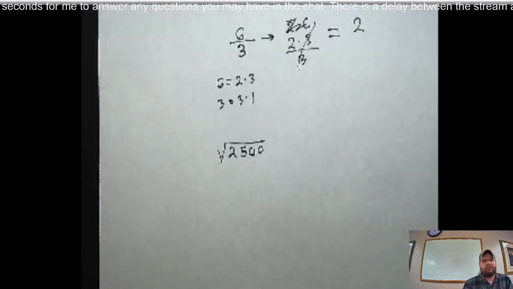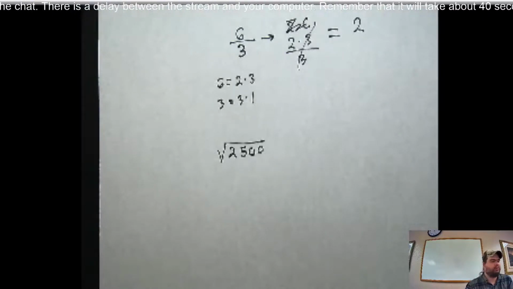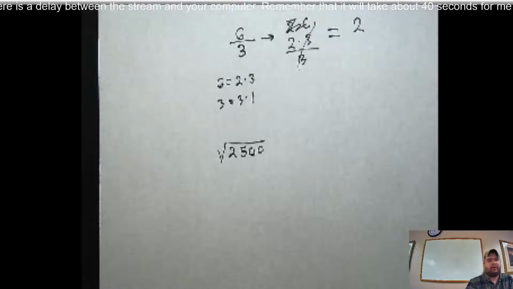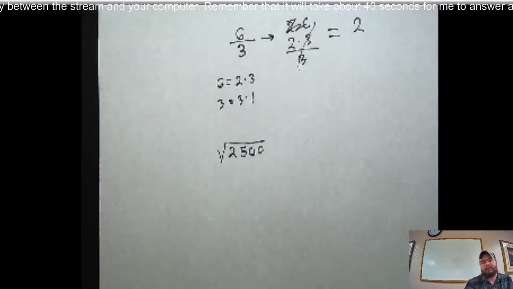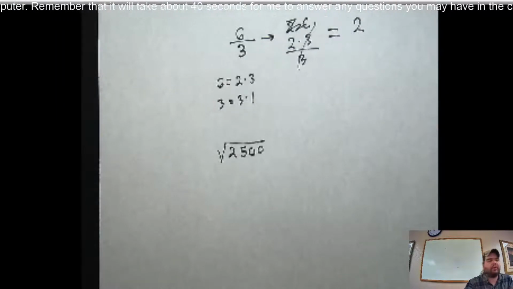Now I know my roots pretty well, at least up into square root of 144. Square root of 144 is 12. But I don't have at least memorized roots above that very well. Especially something like this, 2,500, that's quite a large number.